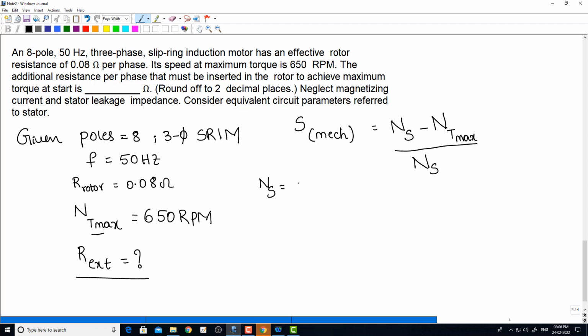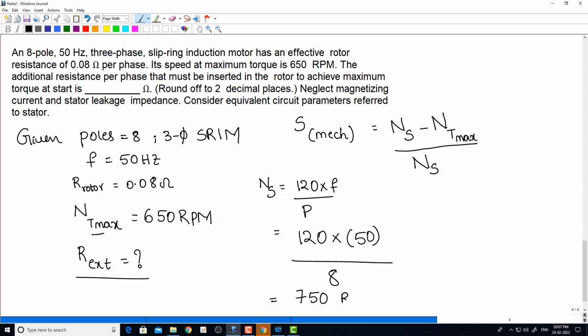Ns is equal to 120 into f by P. That is 120 into the frequency of the supply, 50, divided by the number of poles, 8. So that is 750 rpm.